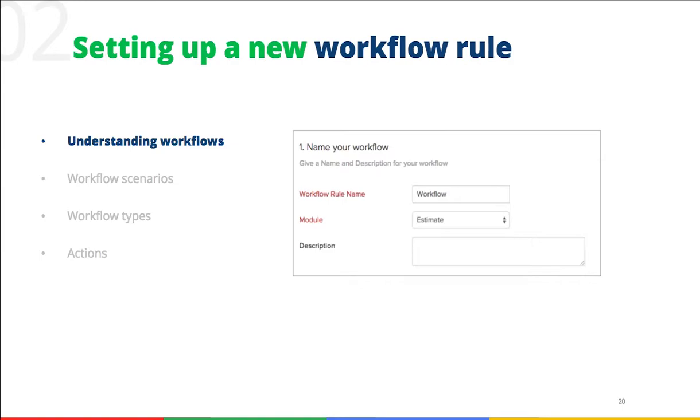So understanding workflows. What exactly is a workflow? Like I said in the beginning, it's all about automating your business process. If there's a specific business process that you have been doing manually, workflow is aimed at automating it completely so that you can focus on making your business grow bigger, while the software takes care of the tedious tasks.